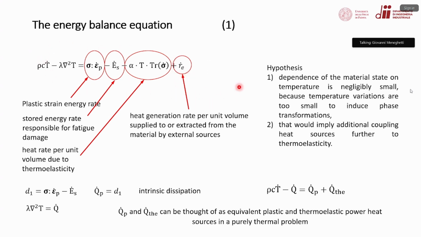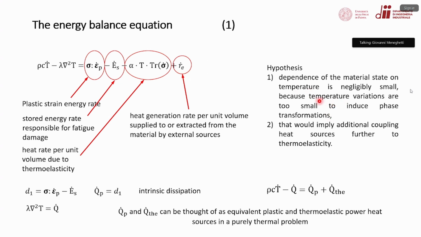This is a simplified version indeed of the energy balance equation because we are supposing that the coupling heat sources are negligible, so there is not, for example, material phase transformation during fatigue tests, and this is true in many cases, but not all cases.